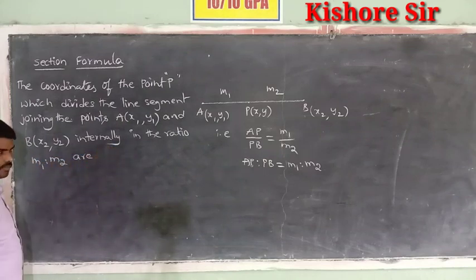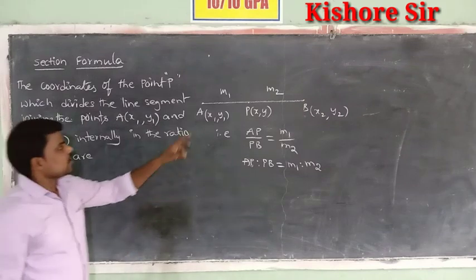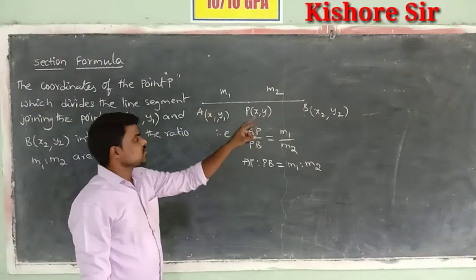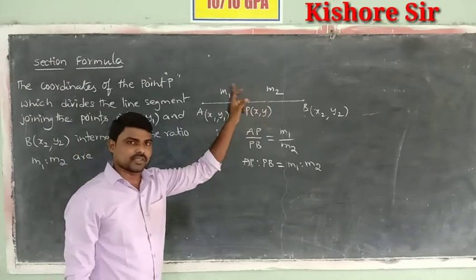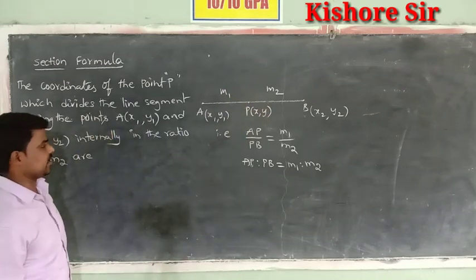See here, AB is a line segment, P is a point which divides the line segment AB in the ratio m1 is to m2 internally.